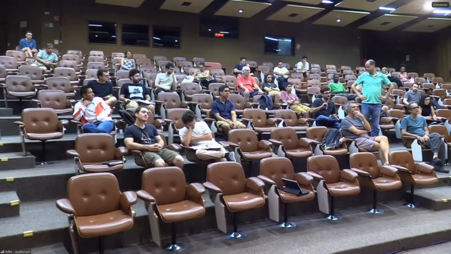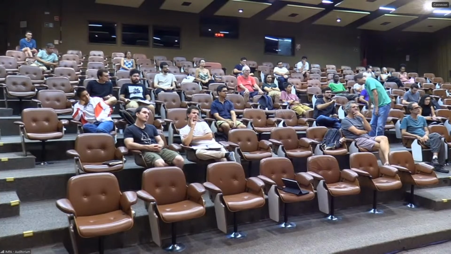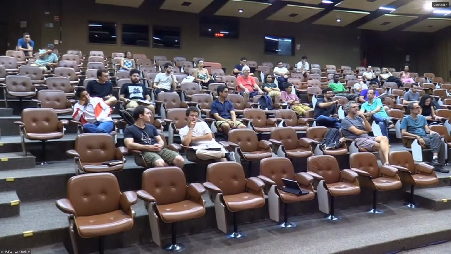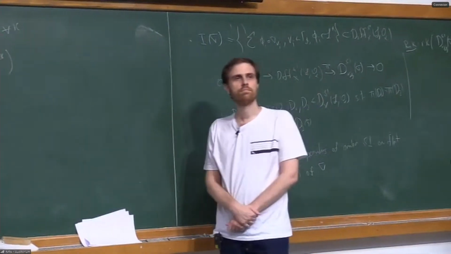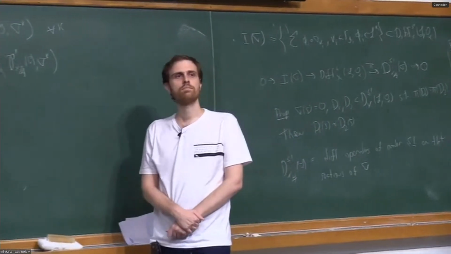So, I would like to ask about this construction for higher k. Is there the same question you gave about the decomposability? Can you use the same construction to obtain an example which is decomposable?